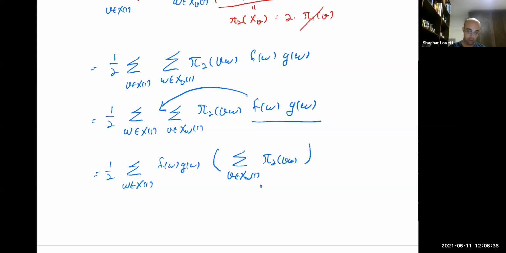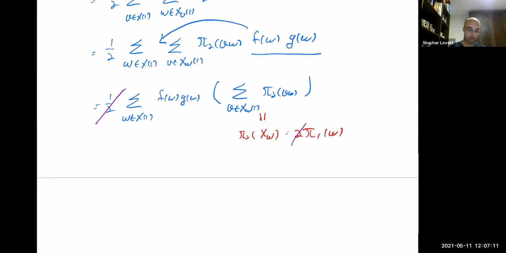This is exactly equal, for the same reason as above, to pi2 of X(W). Right? This is just the total weight of the two faces that contain the node W. And again, with the same claim we've seen before, that's twice pi1 of W. And these two here exactly cancel this half here.